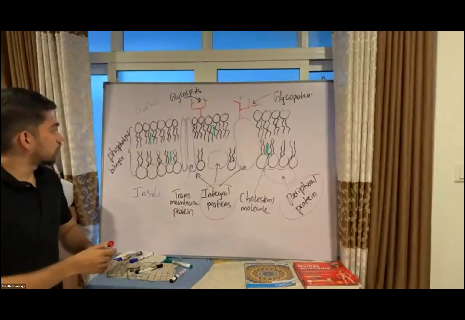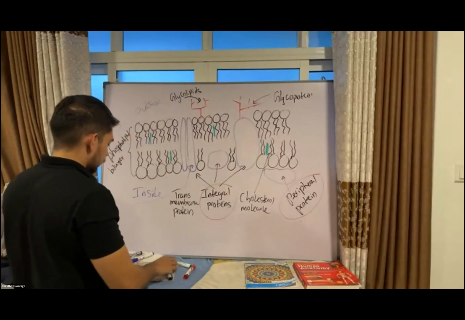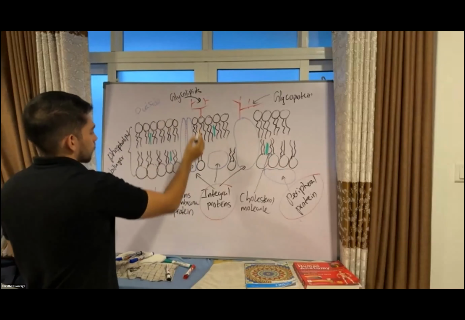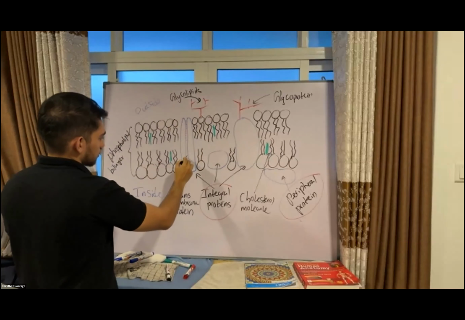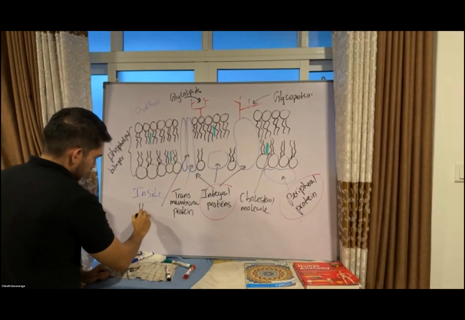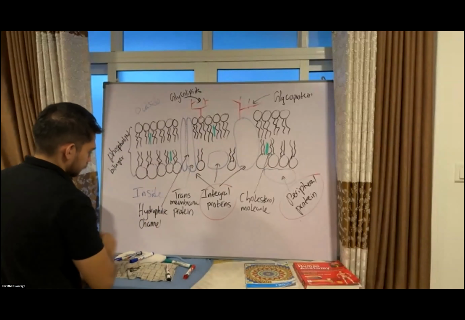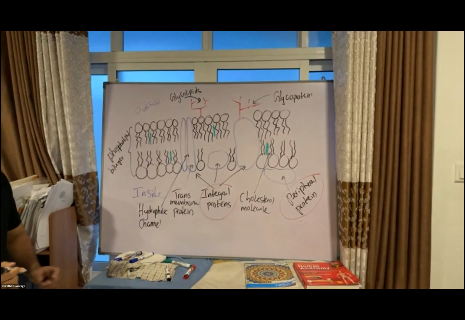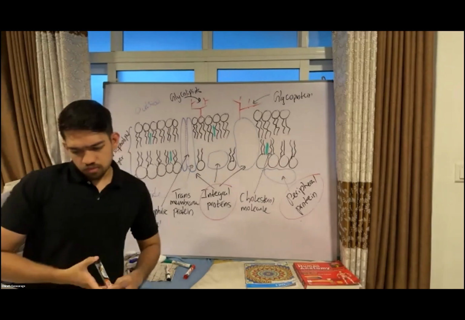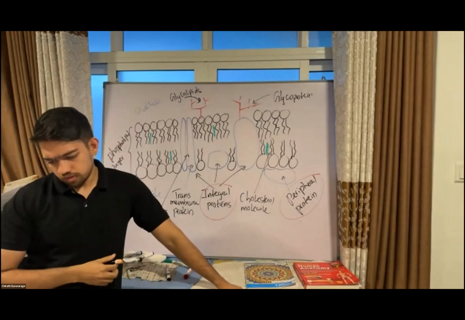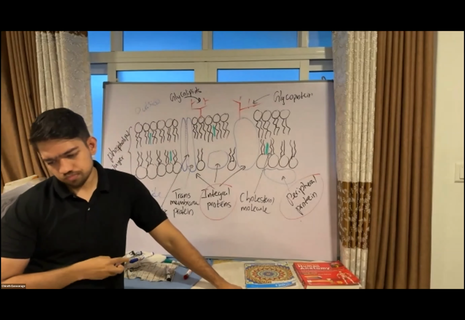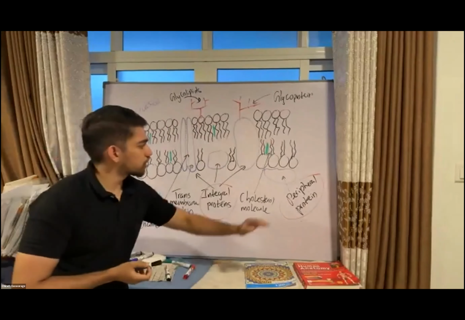Right? So I'll add a new label. So what is this? This channel, hydrophilic channel. Hydrophilic channel. Right. Some proteins are not embedded in the bilayer at all, but are loosely bound to the surface of the membrane, called peripheral proteins.